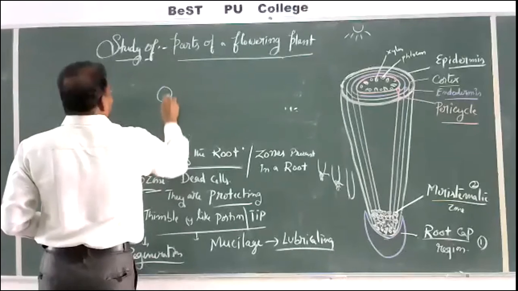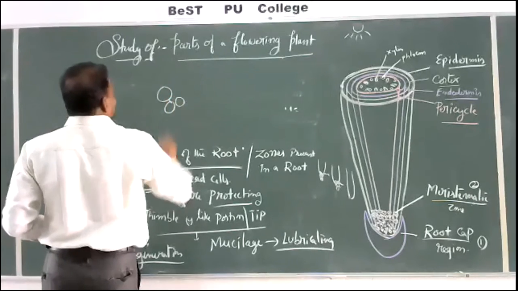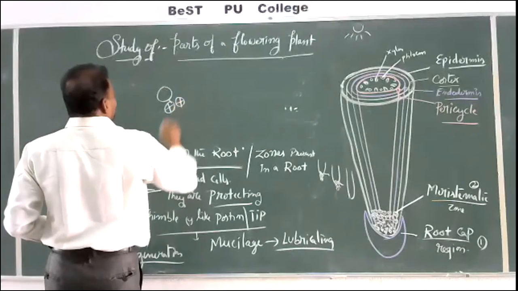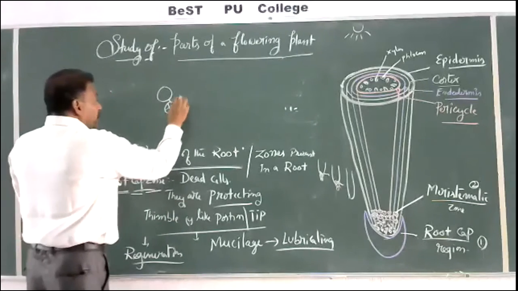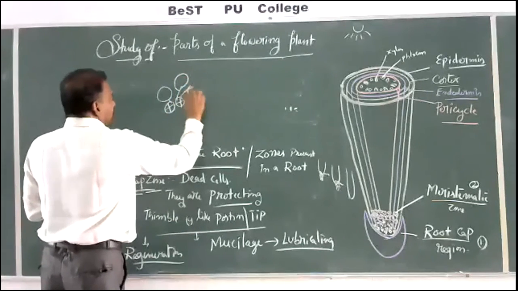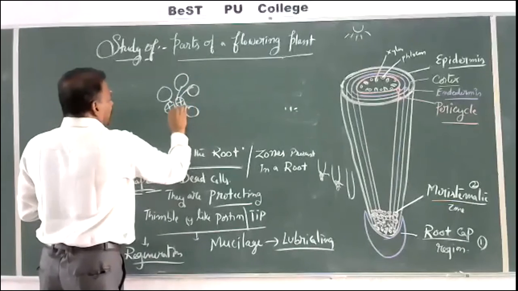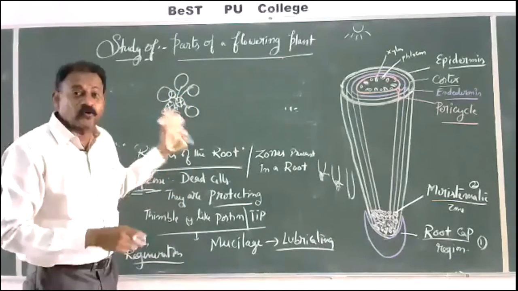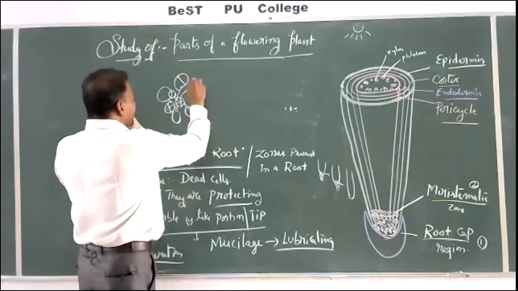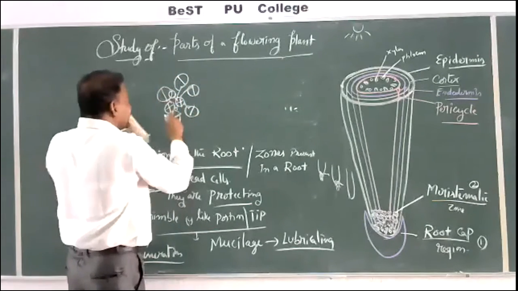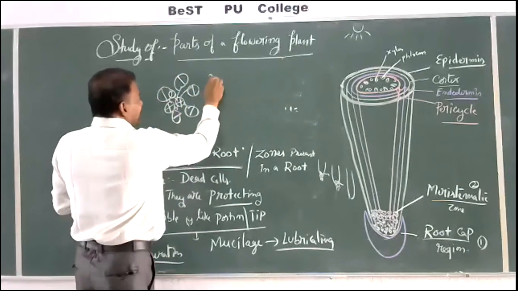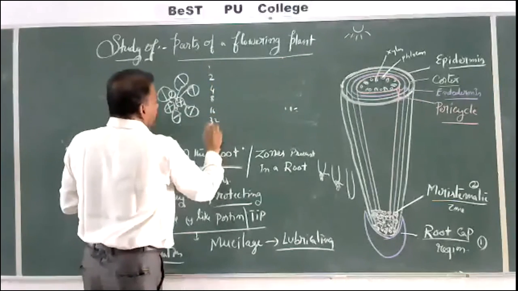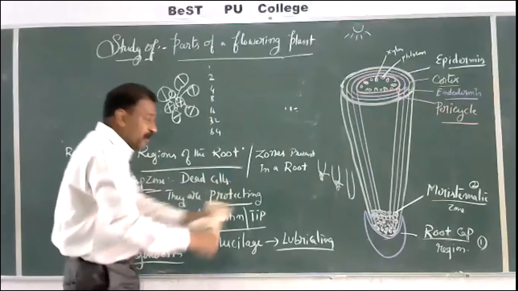One cell divides into two cells, two cells divide into four cells, four cells divide into eight cells. Whenever they are growing, each and every cell grows. There is no time and no place for them to store food material. So the number of cells goes on increasing: 1 to 2, 2 to 4, 4 to 8, 8 to 16, 32.